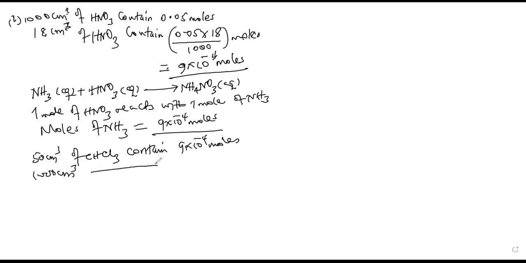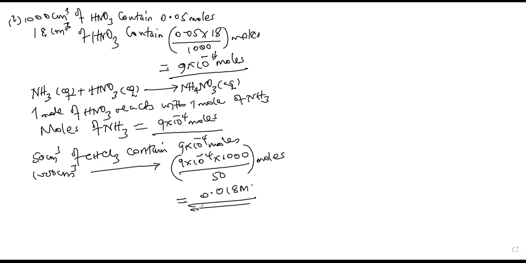Write all the words here: 1,000 cubic centimeters contain 9 times 10 to the power negative 4 times 1,000 out of 50 moles. So I am going to get 0.018 molar. That is the first part done.